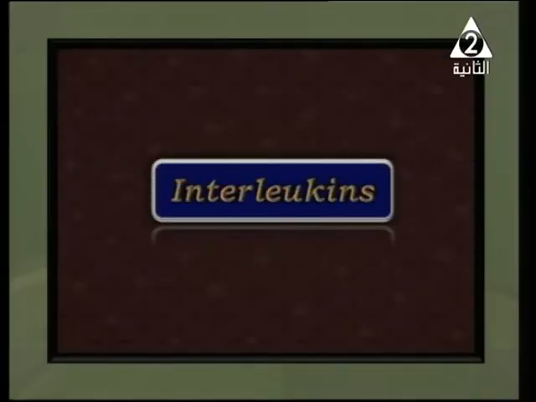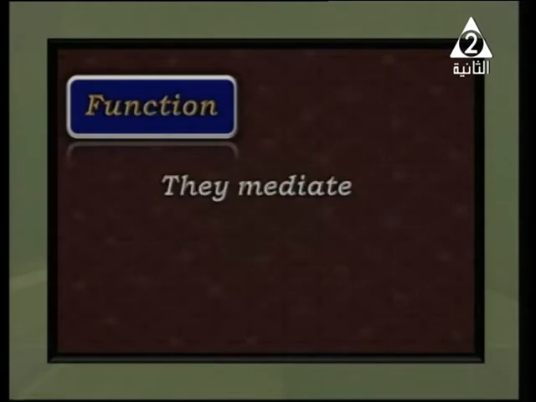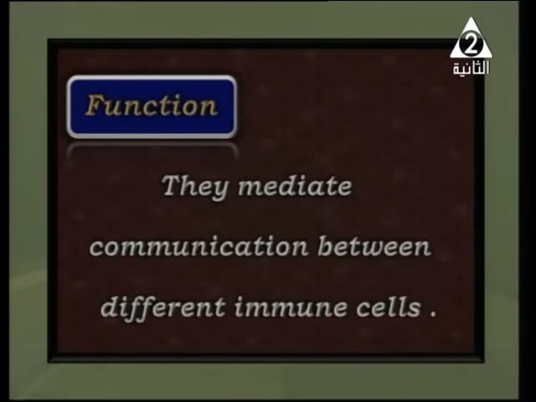Also, we have something called interleukins. They are also a chemical substance inside our body. Their function is to mediate the communication or the link between the different immune cells. Inter means between, so interleukins link the immune system together, because the immune system is a scattered system, and how can we collect it together?